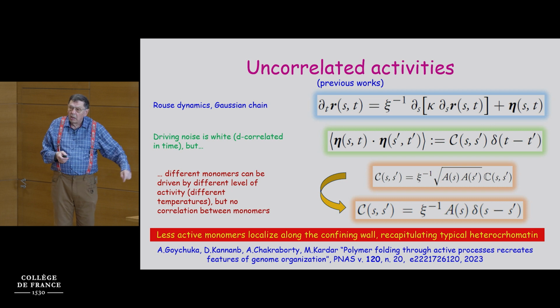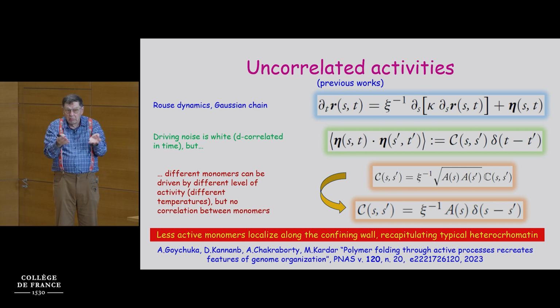In the model with active Brownian particles, in the model with two thermostats, in pretty much any model, if your envelope is stable, not subject to thermal fluctuations, if it's a rigid object, then less active monomers prefer to sit next to this envelope.